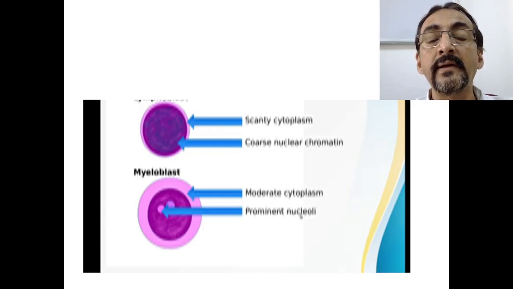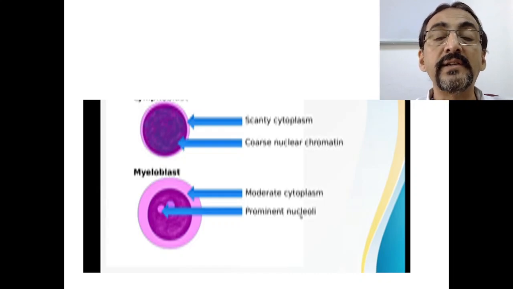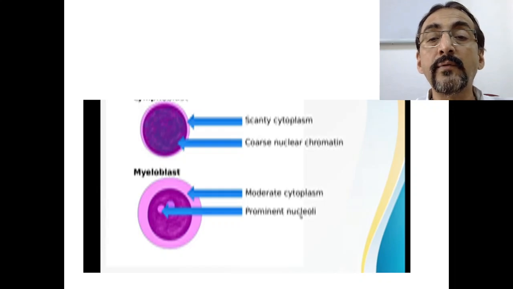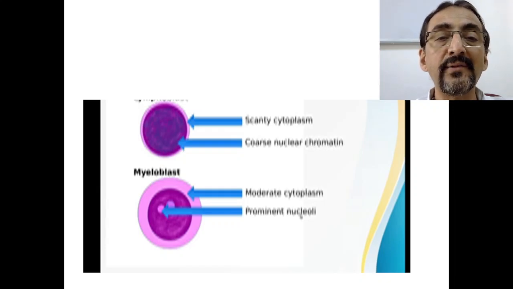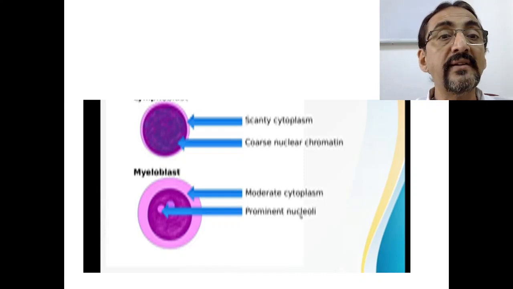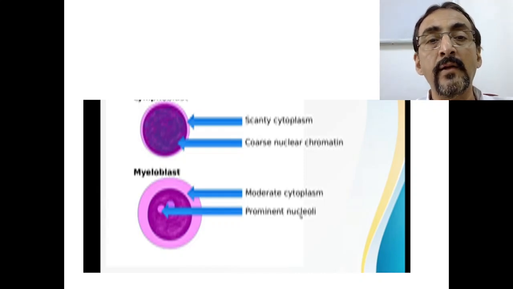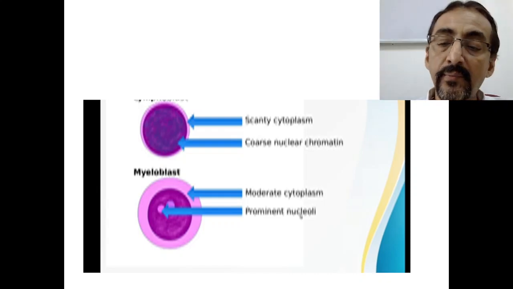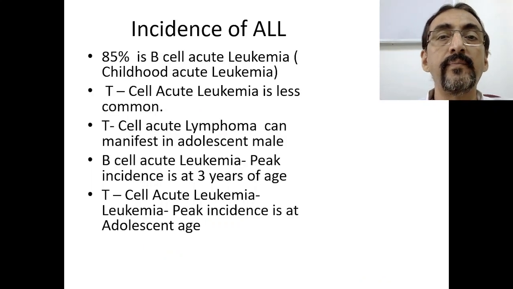In the lymphoblast, above picture, the nuclear chromatin is very coarse and nucleoli are not identified, but here nucleoli are very clearly identified. So cytoplasm and nucleoli are the two important differentiating points between myeloblast and lymphoblast.